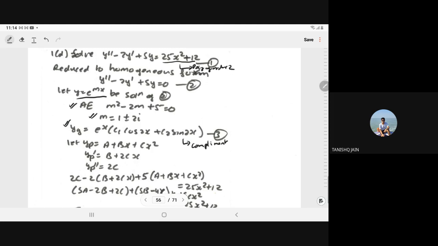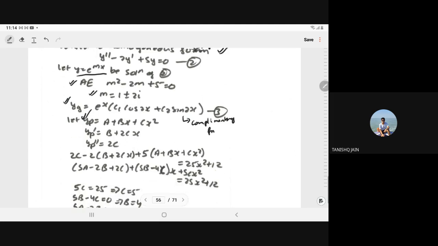In some literature you will find it also known as the complementary function. Now, since the right hand side is a polynomial of order 2, we consider yp as a polynomial of order 2, a plus bx plus cx square.